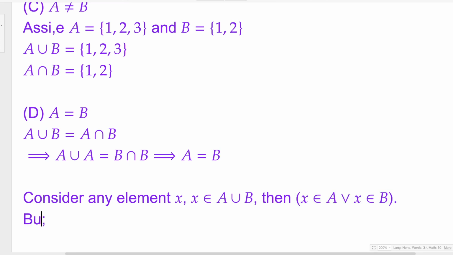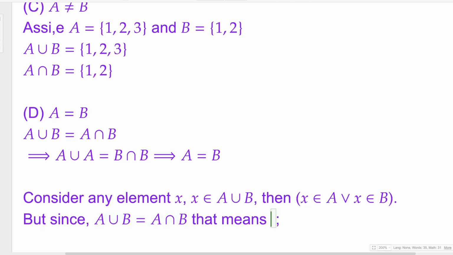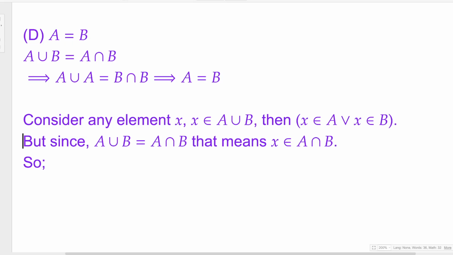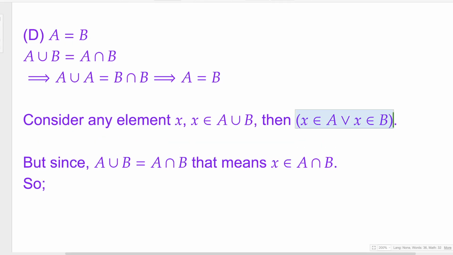But it is clearly mentioned in the problem statement that A union B is equal to A intersection B. So that means X belongs to A intersection B as well, right? From this statement we can conclude that X belongs to A and the set B as well.